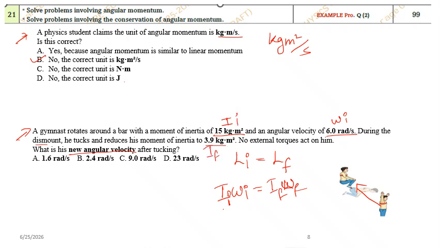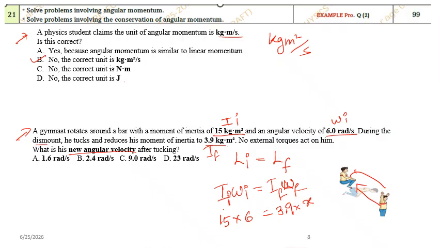Okay, initially he was stretching and then he's turning, it's the opposite. So turning it back. So the initial moment of inertia is 15, and then the angular velocity is 6, and the moment of inertia will become 3.9. I put this 3.9, and then this omega, you can put as x and you can calculate it.